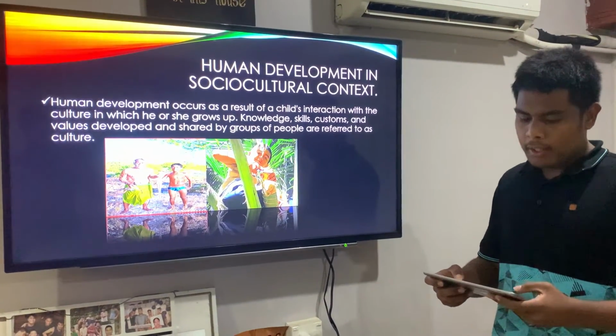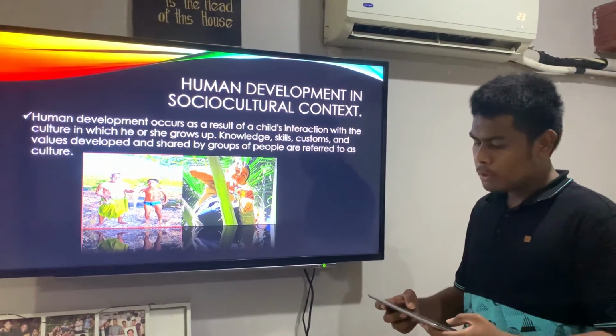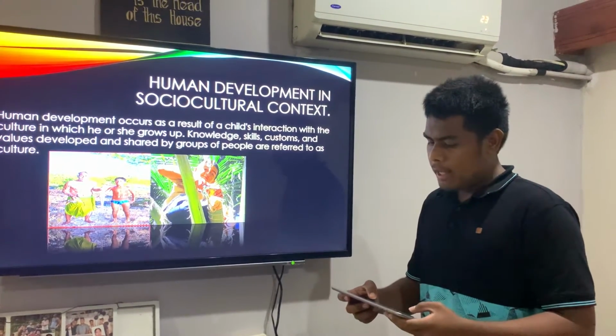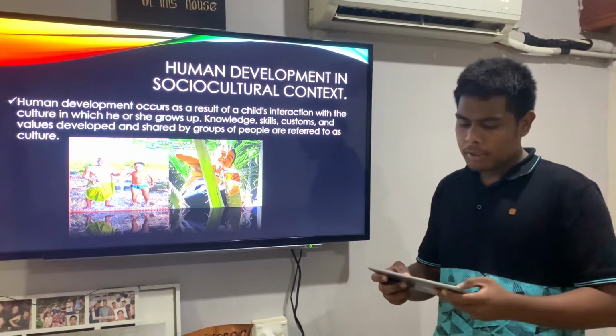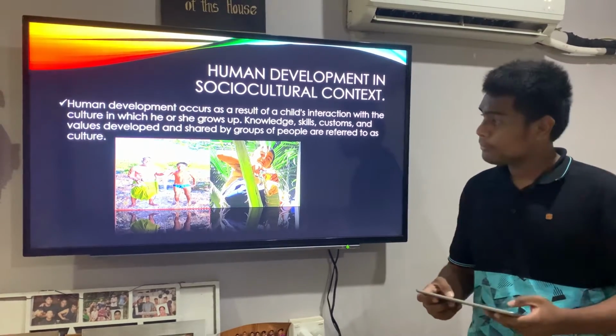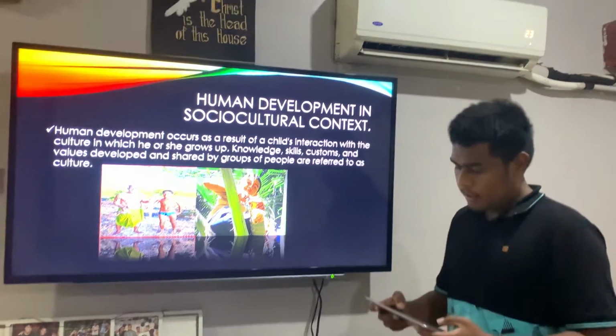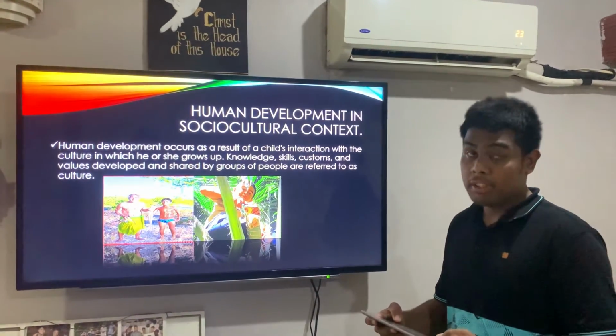In slide 2, human development in socio-cultural means a lot to the Pacific youth, as it is the way of their interaction with Western culture compared to the late 90s. This first figure describes the main culture of their traditional fishing.